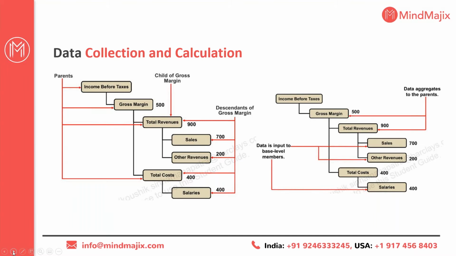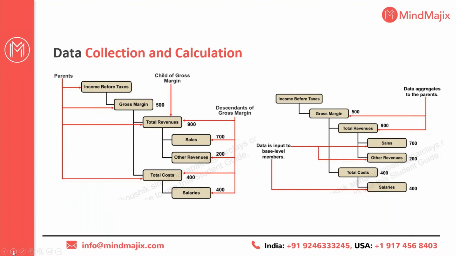Now, for example, total cost for a company would be all the salaries that they are paying to the employees, and revenues would be the sales that they have done or other revenues they have got. So it shows a parent and descendants structure, where you have a parent called income before taxes.